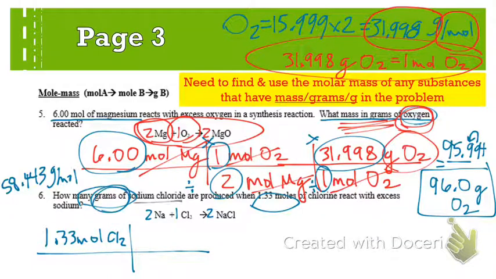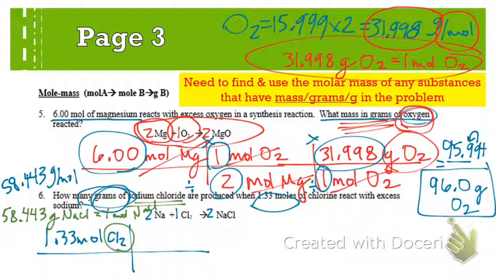That's all about sodium chloride, NaCl, and right now I have Cl2, chlorine. So when I am ready, that's going to be 58.443 grams of NaCl in 1 mole of NaCl. I really hope you have more space on yours than mine.